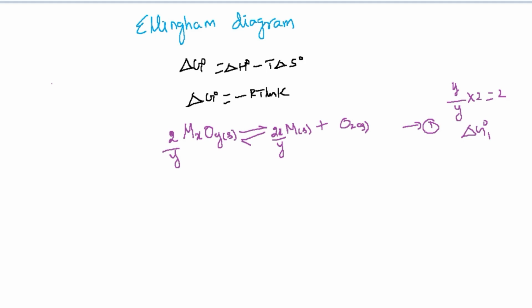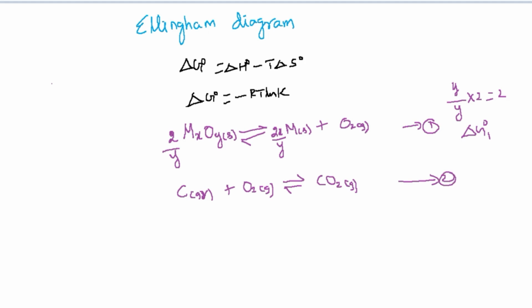Let us also consider the formation of carbon dioxide reactions from carbon and carbon monoxide. Let us assume that these reactions are also in equilibrium. All are written for 1 mole oxygen.